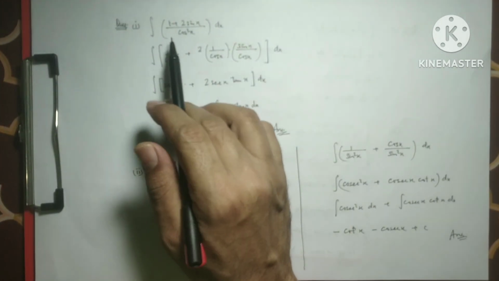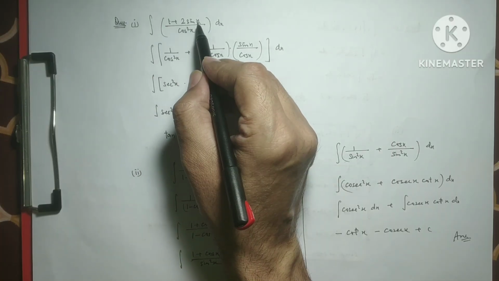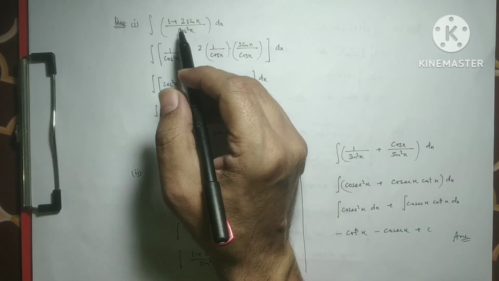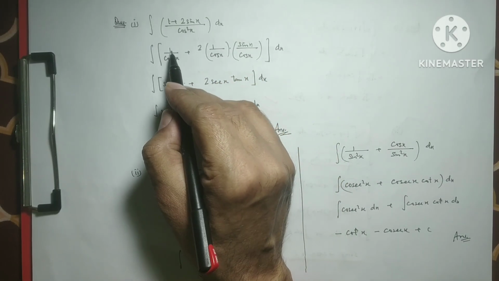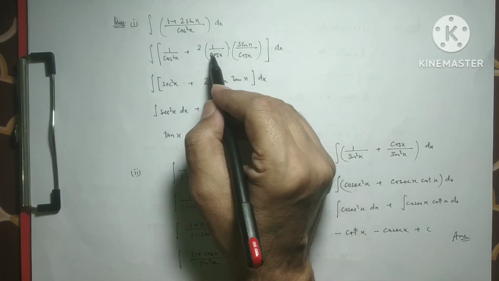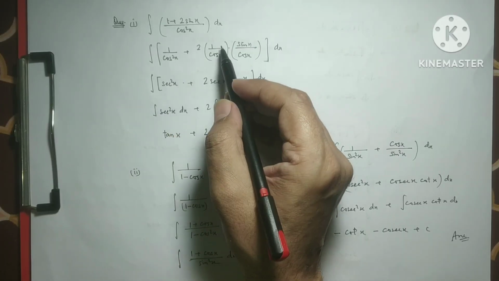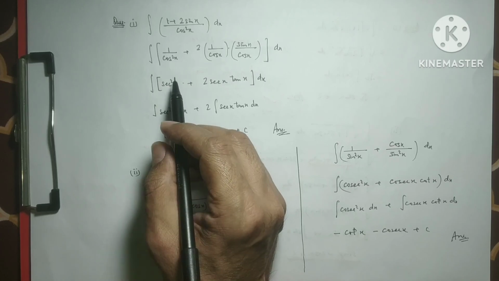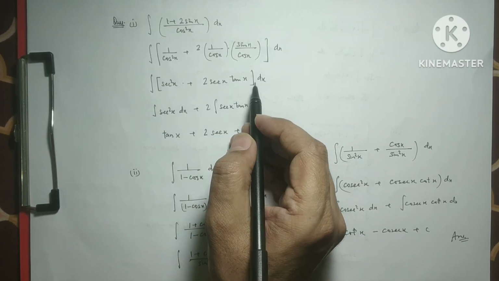Now the next question: integrate (1 plus 2 sin x) over cos square x. So we separate these and we get 1 over cos square x plus twice of sin over cos and 1 over cos. So this becomes sec square x and this becomes sec x and tan x. So these are the portions: sec square x plus 2 sec x tan x.